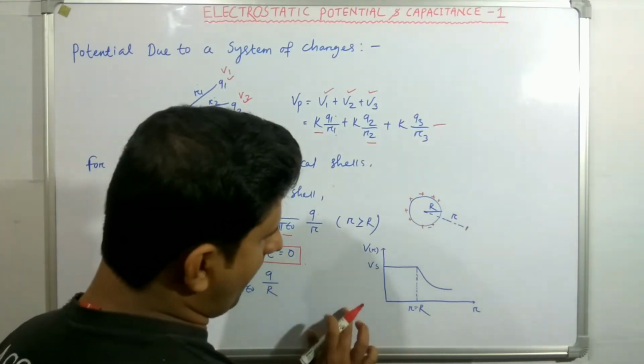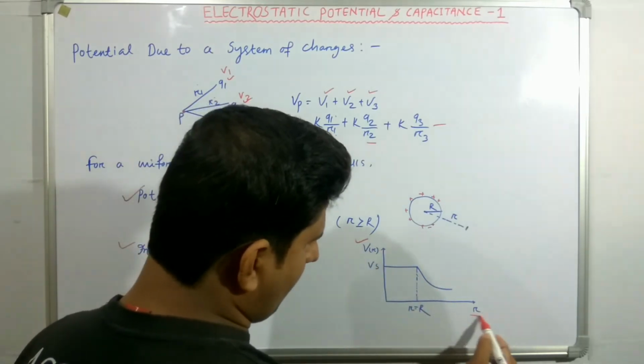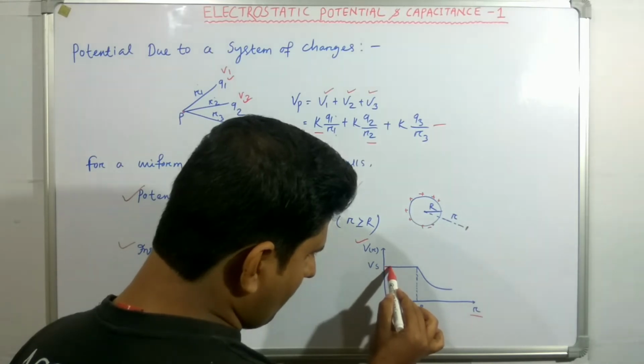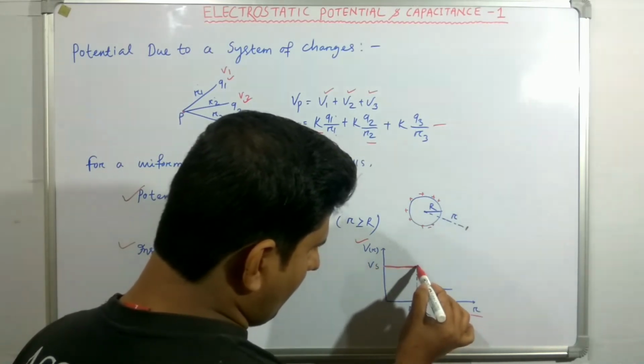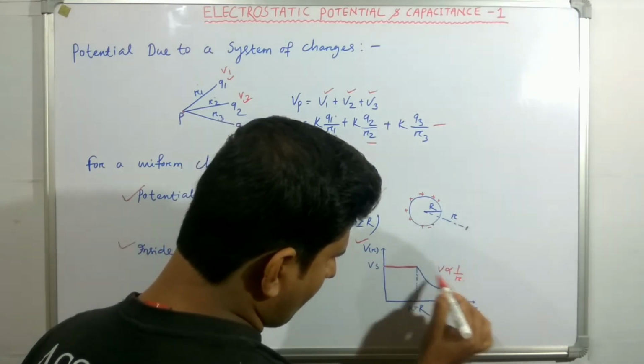If we draw the graph of potential against distance, inside to the surface it is a constant, and then it is inversely proportional to the distance.